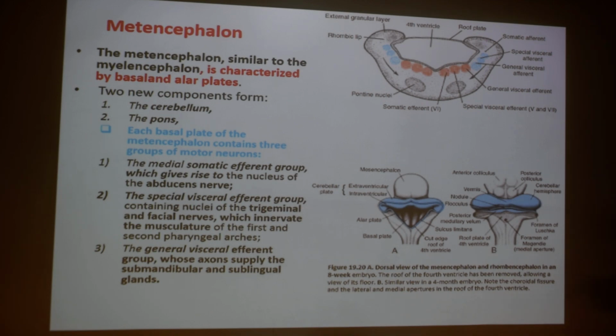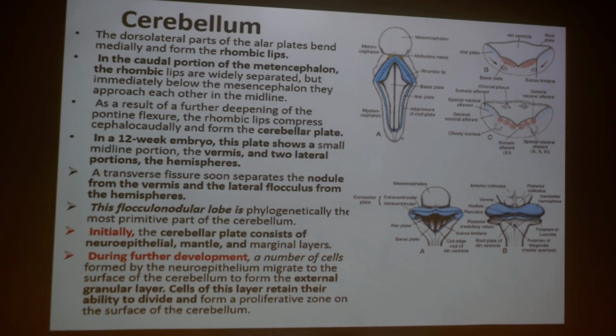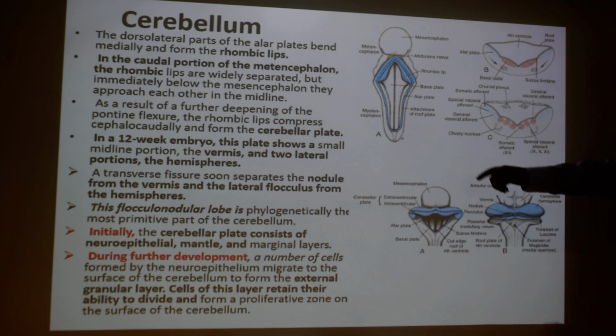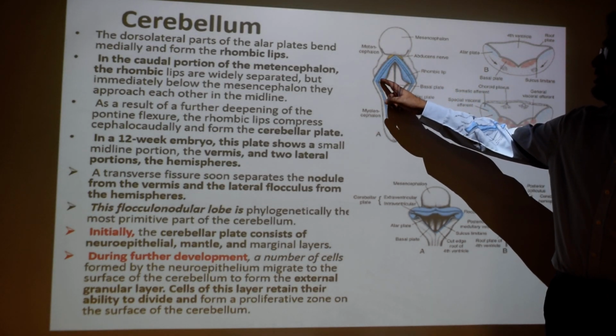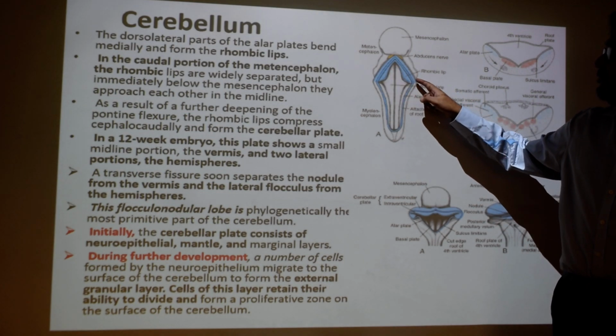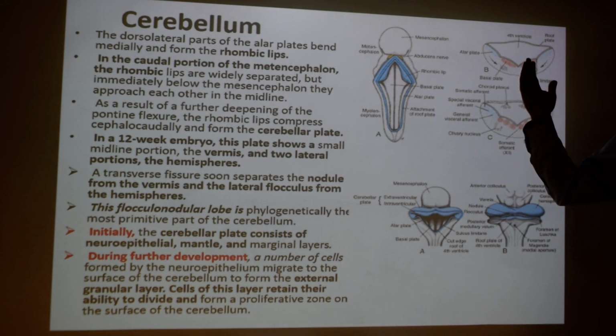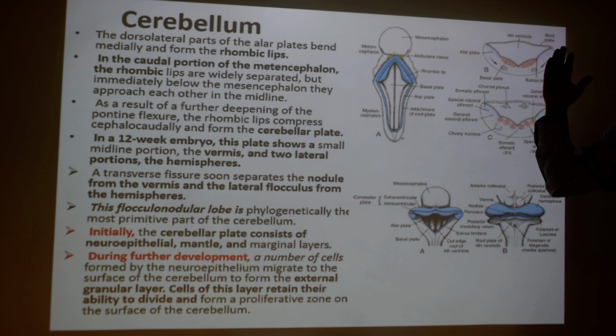So the more important discussion in the metencephalon is the formation of the cerebellum. So the cerebellum is going to be formed. If you see this, the lateral parts of the alar plates, they are going to curl.